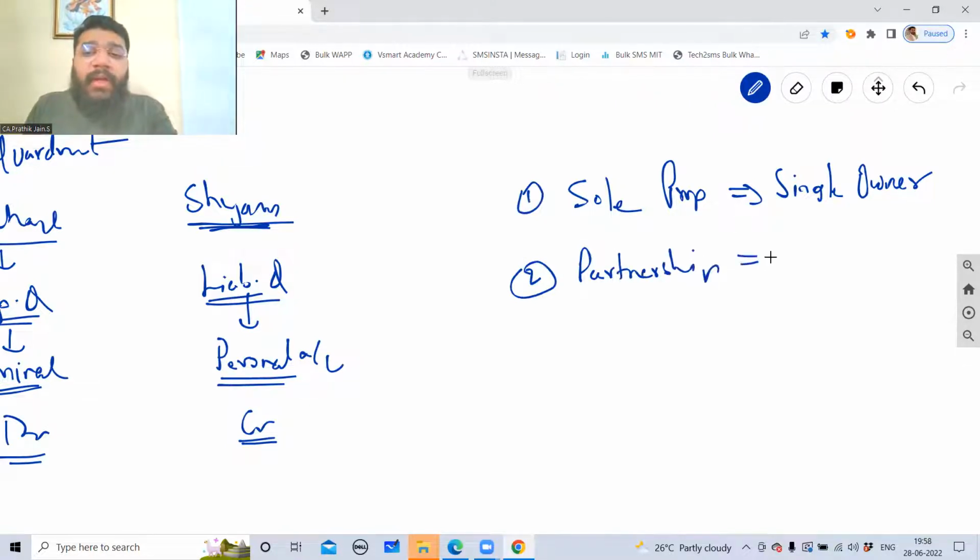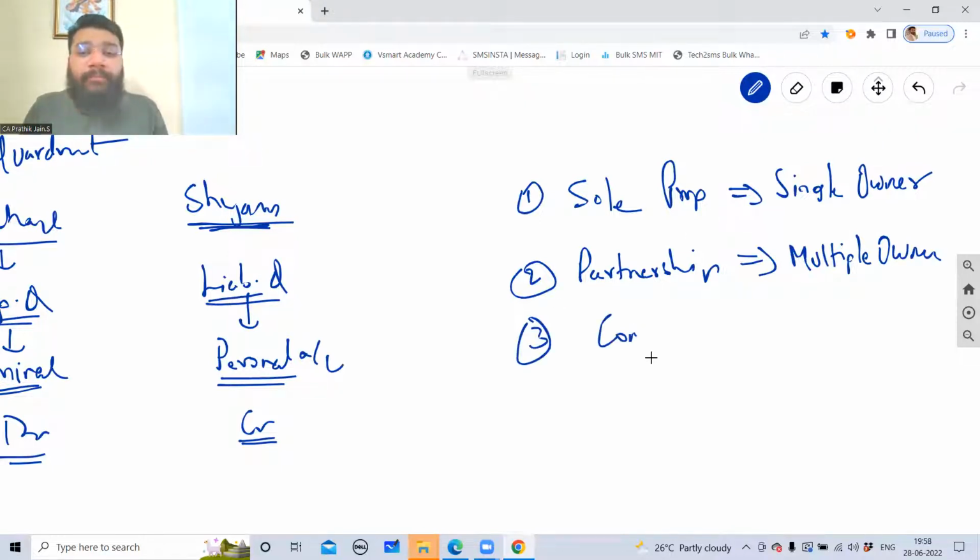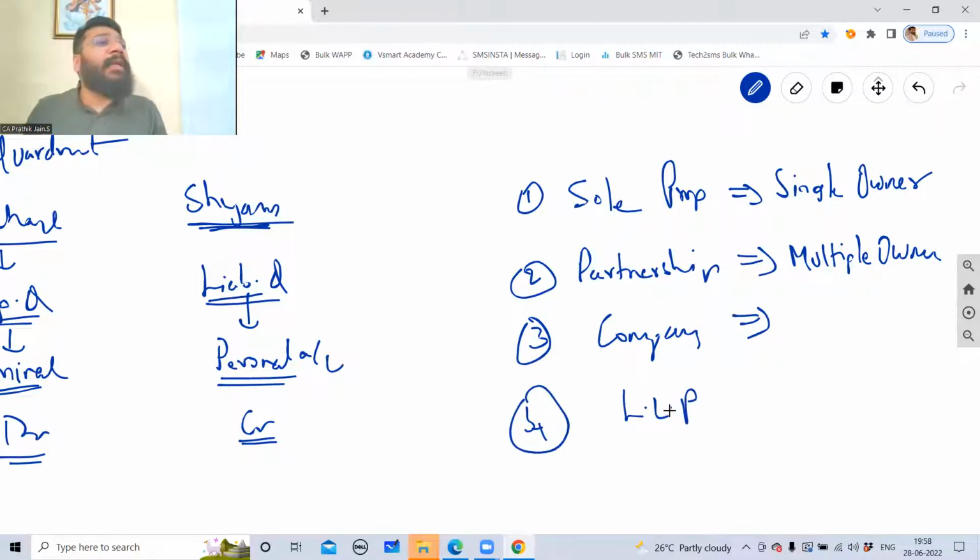If an individual is not able to manage the business all by himself, he would invite more people to become the owner, and all of them put together will manage the business. So partnership business has multiple owners. Then you have corporates, which is a company, again with multiple owners. Then you have another system called LLP, limited liability partnership. Then you have HUF.